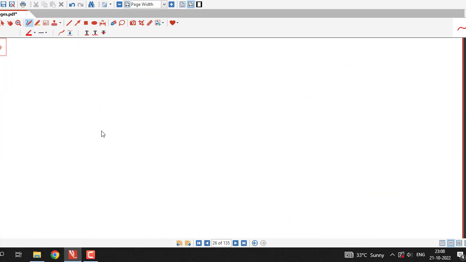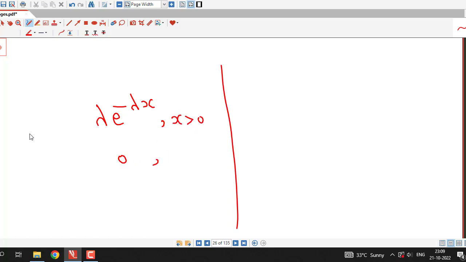So you must be clear about this, both the PDF of gamma distribution. One PDF uses lambda times e raised to minus lambda x and 0 otherwise. This is the definition in terms of lambda which we have used up to lecture number 8.